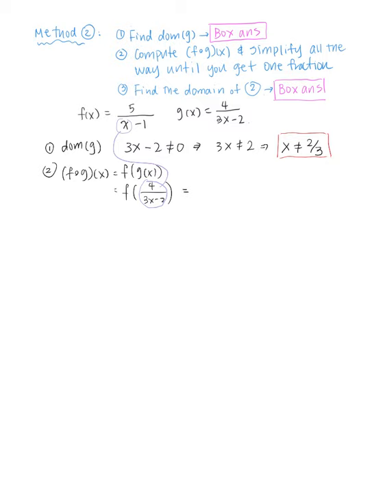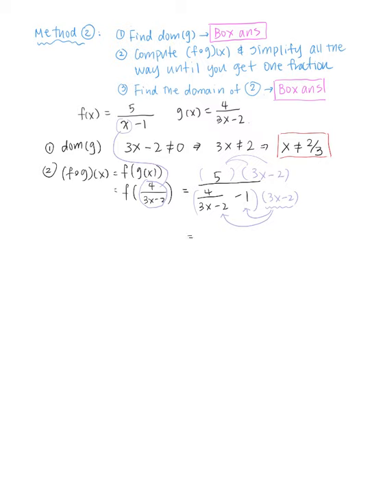So in this case, you're going to have 5 over 4 over 3x minus 2, and then minus 1. And then remember the trick, multiply everything by the LCD, which is 3x minus 2. On the top, you distribute the 5, and on the bottom, you distribute 3x minus 2 to each term.